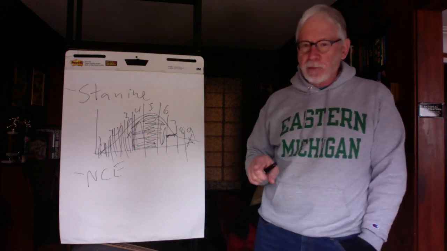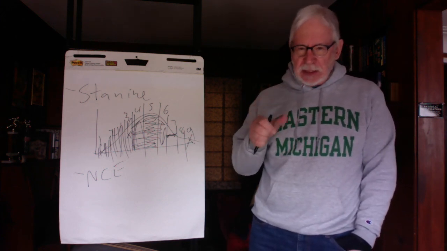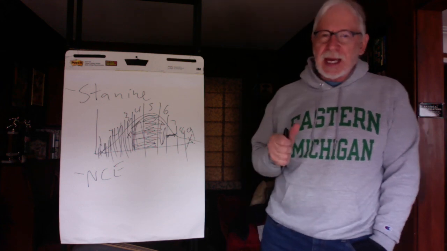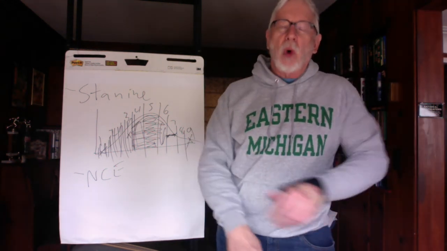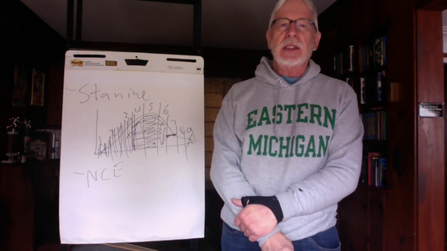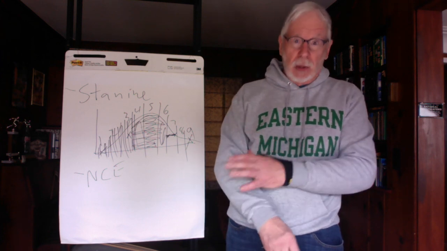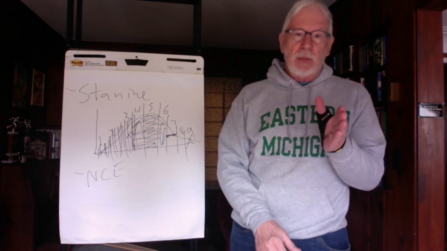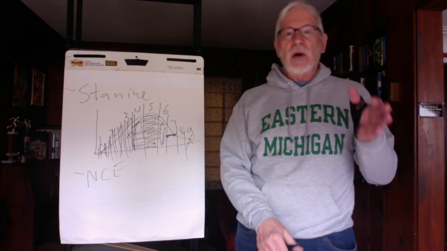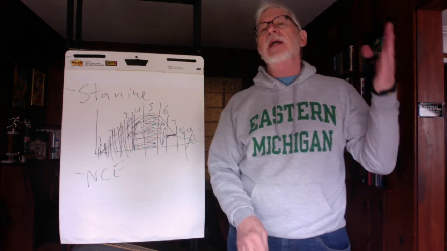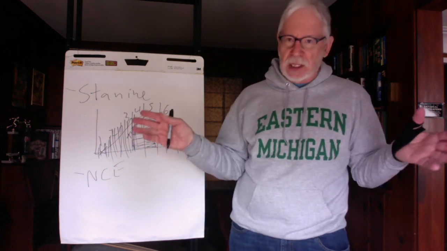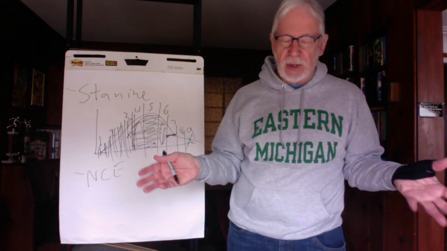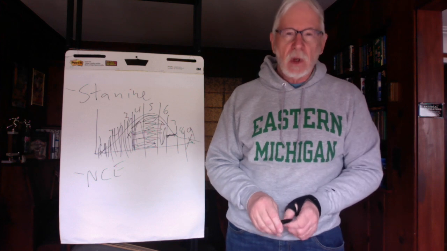It's a little different in that percentile rank is exactly 1% of all test takers in each category, so to speak. There's just as many students who got a percentile rank of 0 as got percentile rank of 1, as got percentile rank of 53, as got percentile rank of 99.